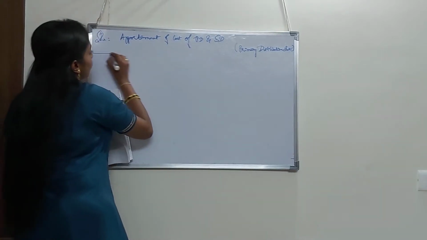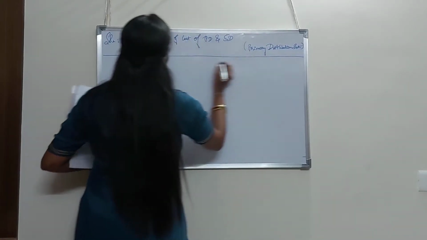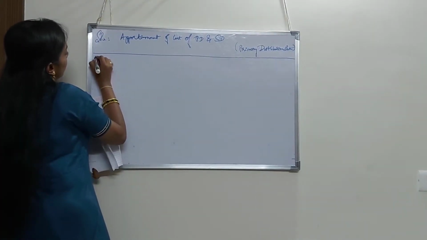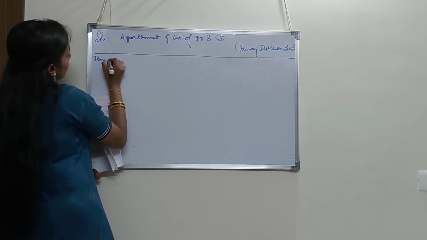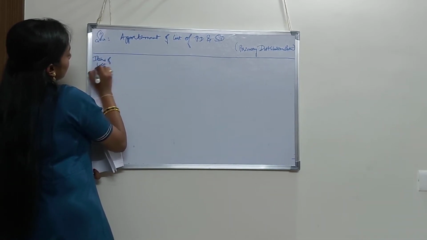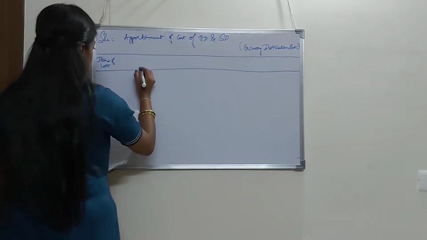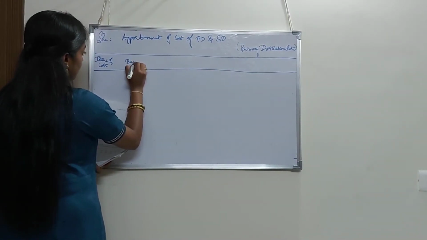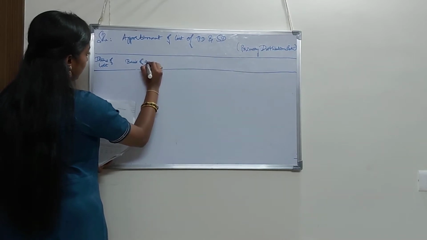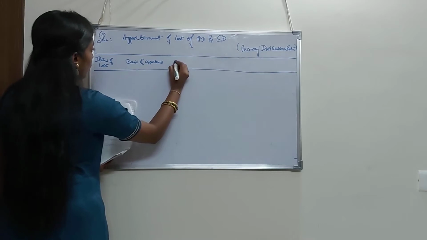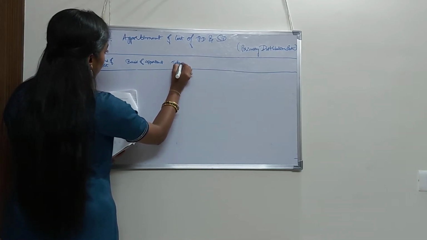And I have already told you what columns we get. Here we get items of cost. After items of cost we have the basis of apportionment. After basis of apportionment we have the total.